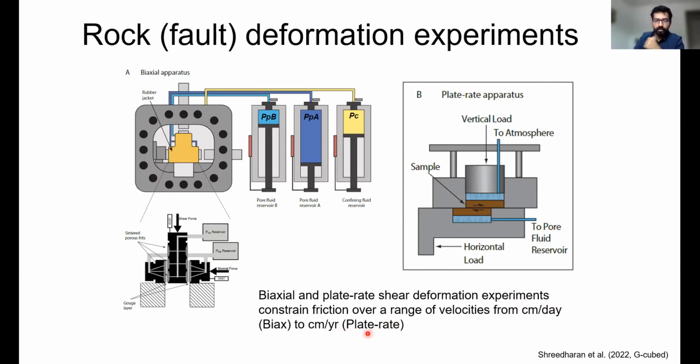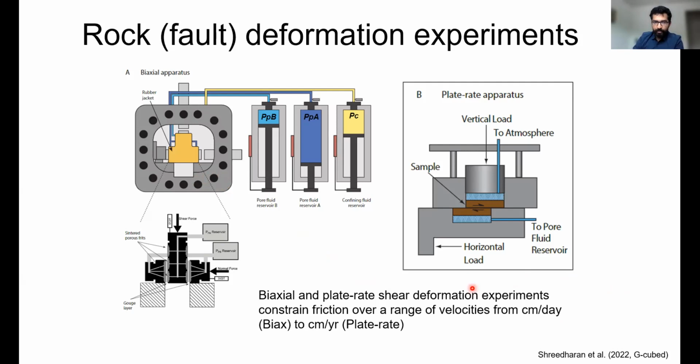or tectonic plate rates. In both cases, the rigs work in pretty similar ways, in that you sandwich the sediment whose frictional properties you're interested in between metal rams in a hydraulic press, and shear the sediment sample at a constant background rate to mimic the tectonic loading. In the case of the biax, you have two faults, and you take the average response of the two.